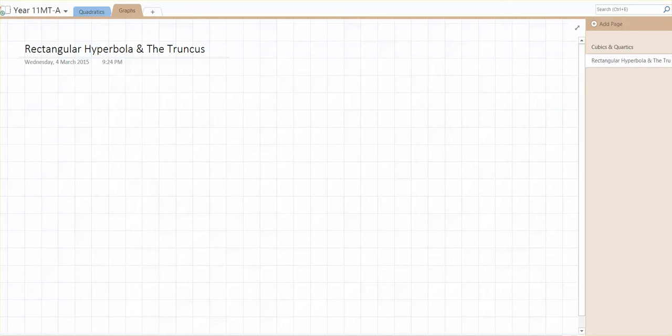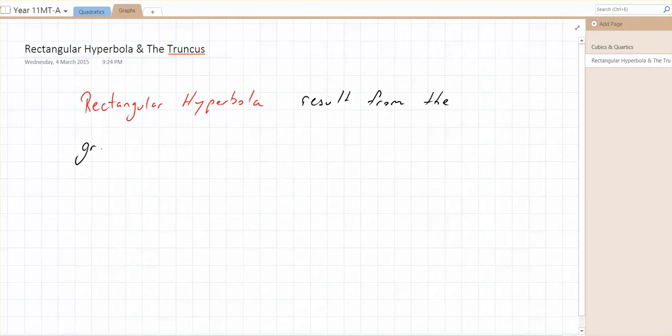So first up, the hyperbola, the rectangular hyperbola, to be precise. There are other types. We're looking at the rectangular hyperbola, and it is the result of examining the relationship between y and x when y equals 1 over x.